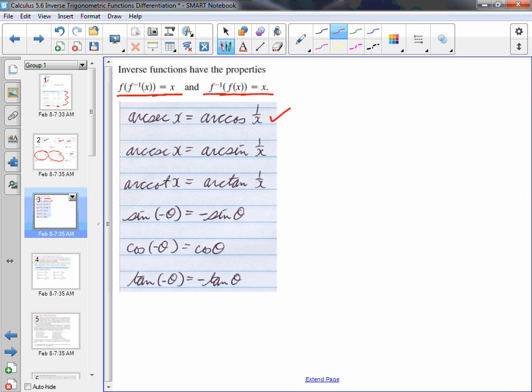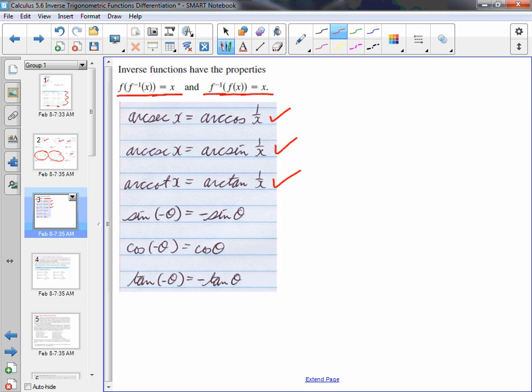So, when we're down to having to use a calculator or a trig chart or a unit circle, we'd really rather have cosine than secant. We'd really rather have sine than cosecant. So the arc cosecant of x is the same thing as the arc sine of 1 over x, and we'd really rather have tangent than cotangent. So the arc cotangent of x is the same thing as the arc tangent of 1 over x.